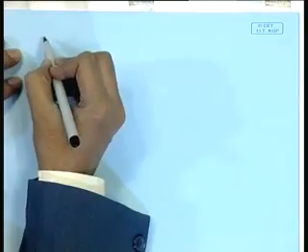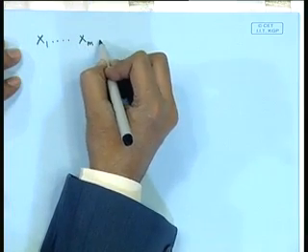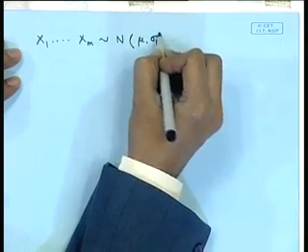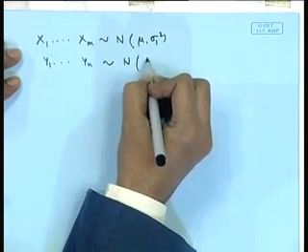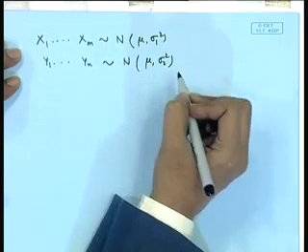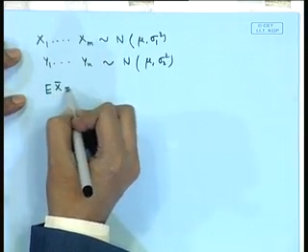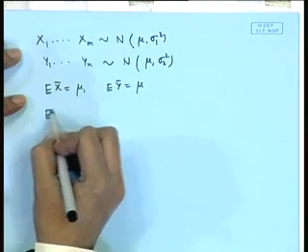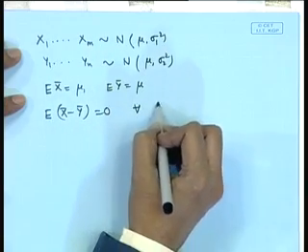An example for this situation is, suppose I say x 1, x 2, x m follows normal mu sigma 1 square, y 1, y 2, y n follows normal mu sigma 2 square, then expectation of x bar is mu, expectation of y bar is also mu. So, expectation of x bar minus y bar is 0 for all parametric values.